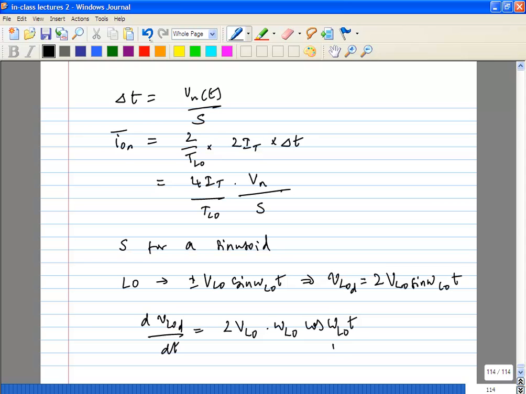So this is 1 at the zero crossing times at n pi. This happens to be 2VLO omega LO. This is S.